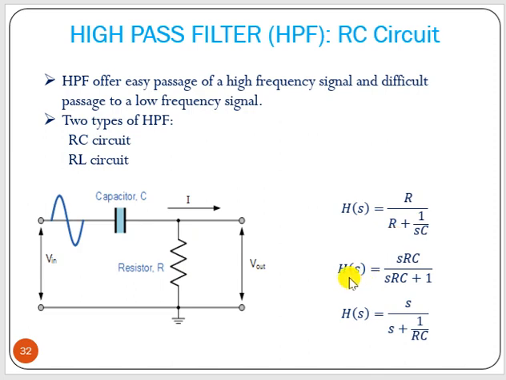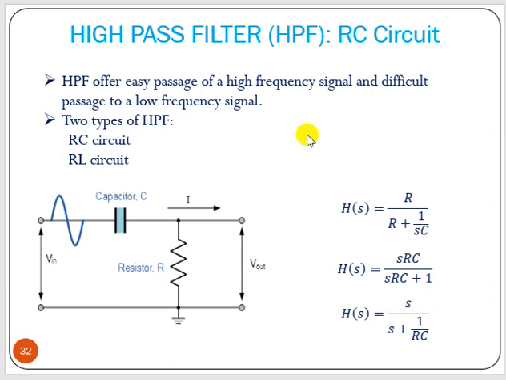So now HS equal to, if you solve it algebraically, you will get HS equal to nothing but S divided by S plus 1 by RC. Now in that case, what we can see, there is a 0 at S equal to 0.